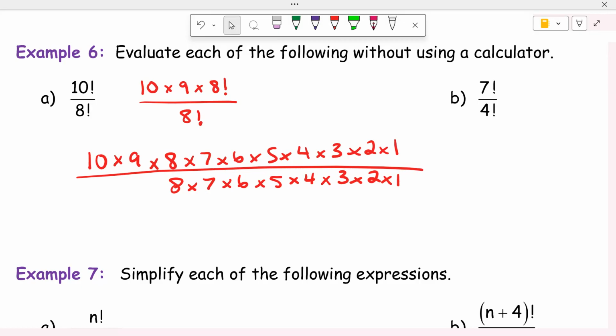Why write it? So if you want to, fill your boots if you need to do this. But what if I did 100 factorial over 99 factorial? Are you guys doing this? Okay. So just expand till you can simplify.